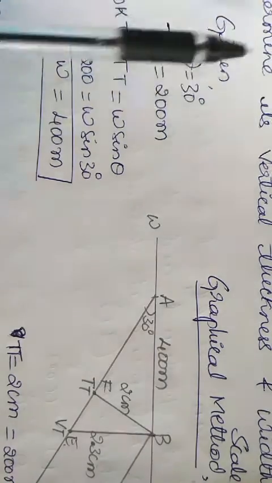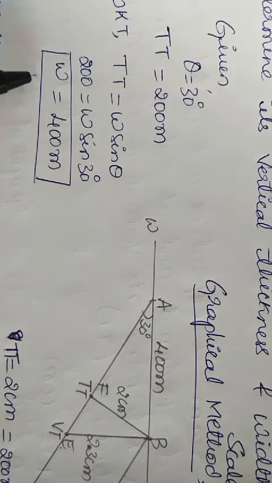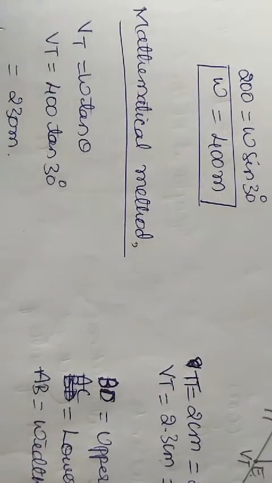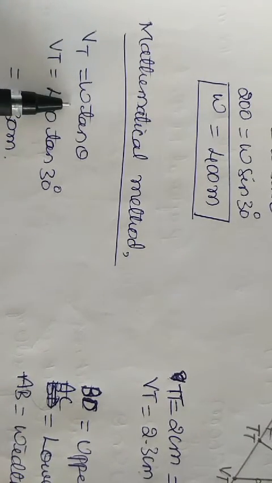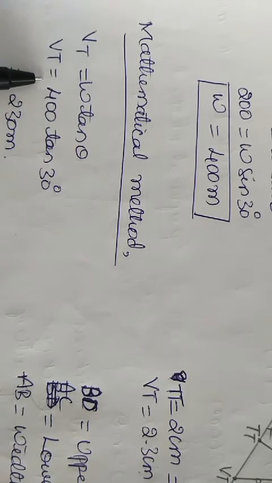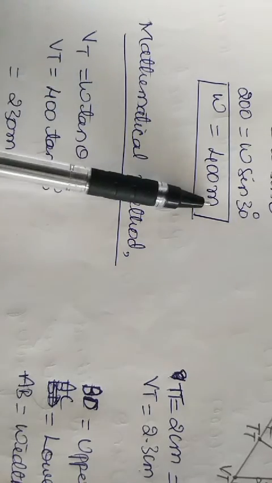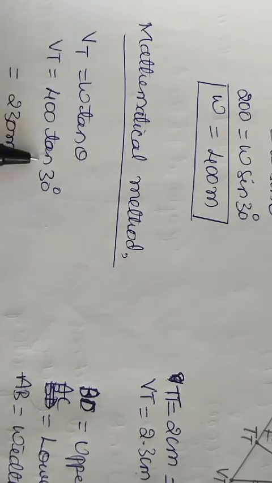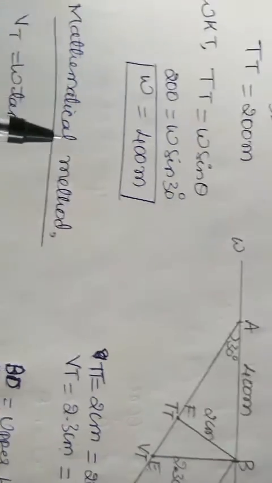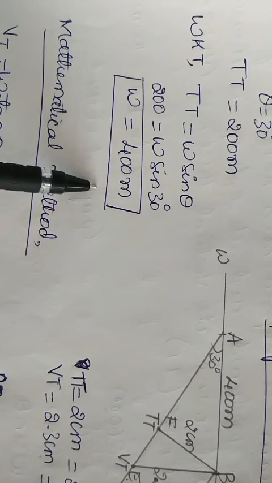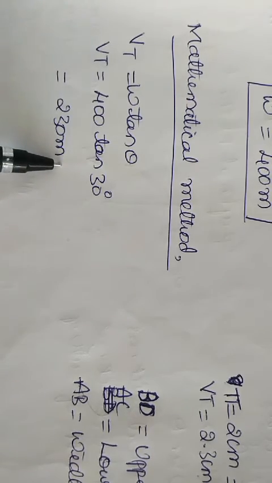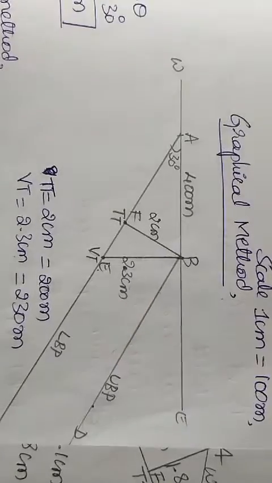Now that we have theta, true thickness and the width of the outcrop, we can find the vertical thickness using the formula Vt = W tan theta. So Vt = 400 meters times tan 30 degrees, which gives 230 meters. So by the mathematical method we got W as 400 meters and Vt as 230 meters.